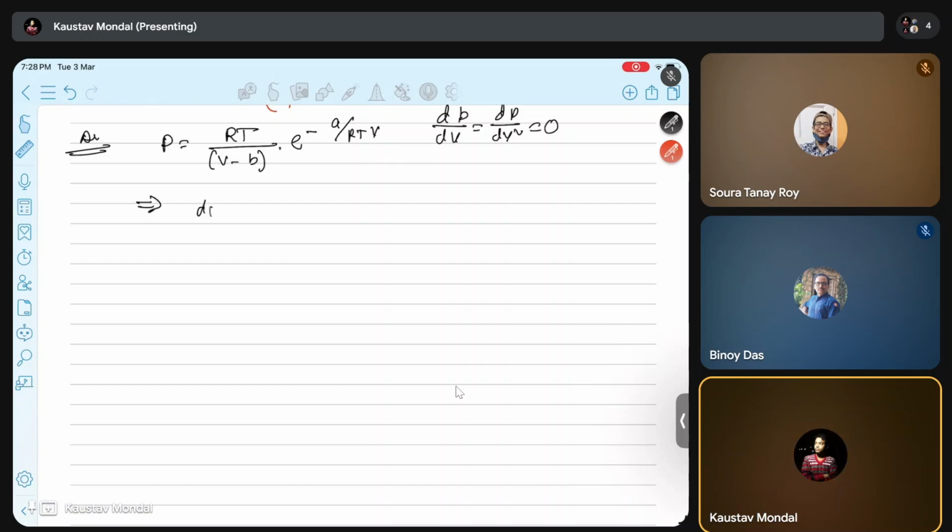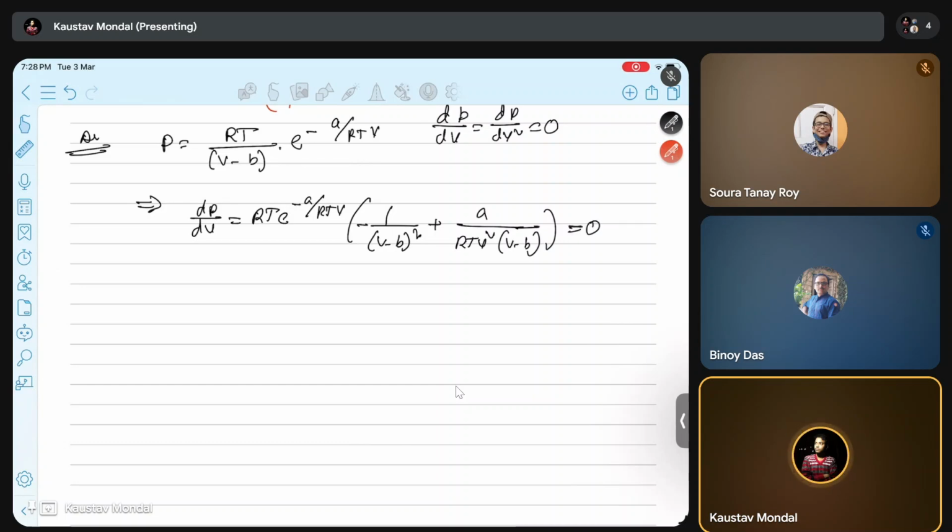dP by dV gives you RT e to the power minus A by RT V, into 1 by V minus B whole squared, plus A by RT V squared into 1 by V minus B. Now dP by dV has to be 0, and the exponential term cannot be 0.